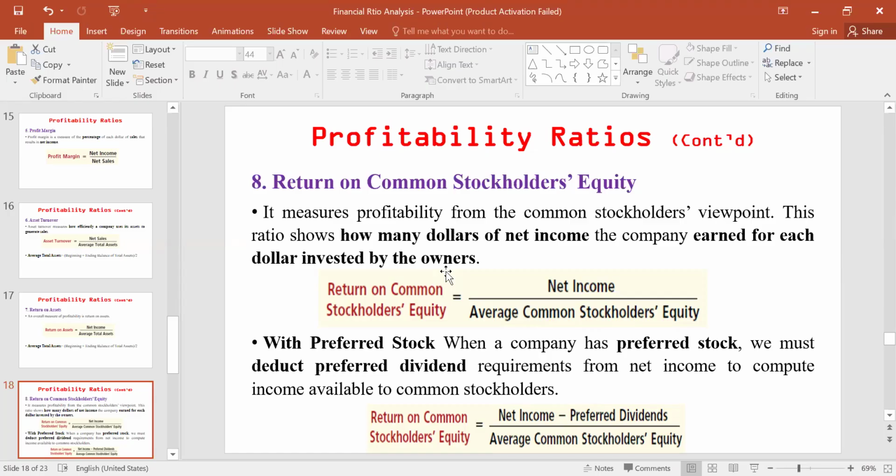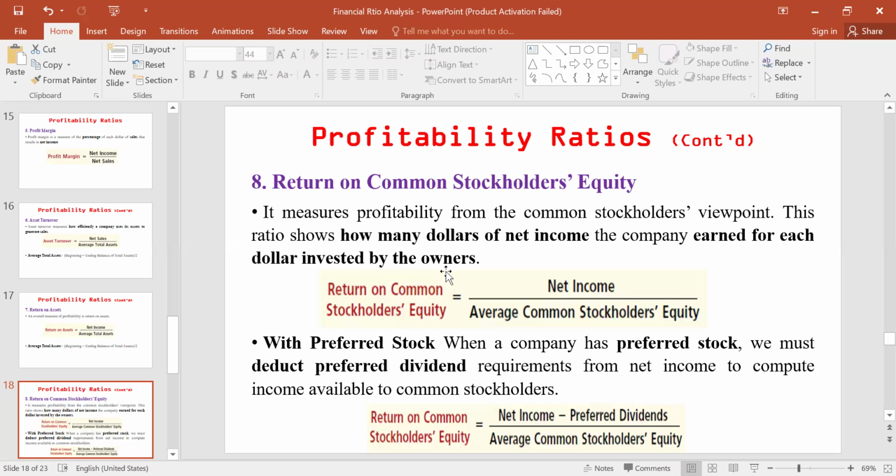The common formula: return on common stockholder equity is net income divided by average common stock equity. Equity here means common stock or common shares, the shares that have decision-making power or the right to vote to select the directors. Such types of shares are called equity or common stock.